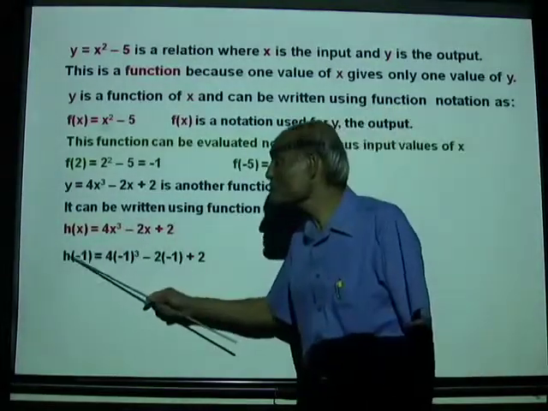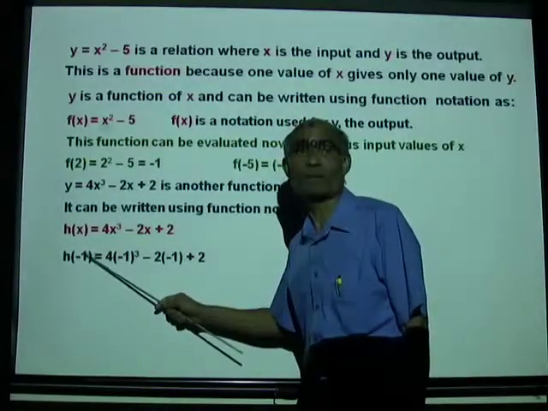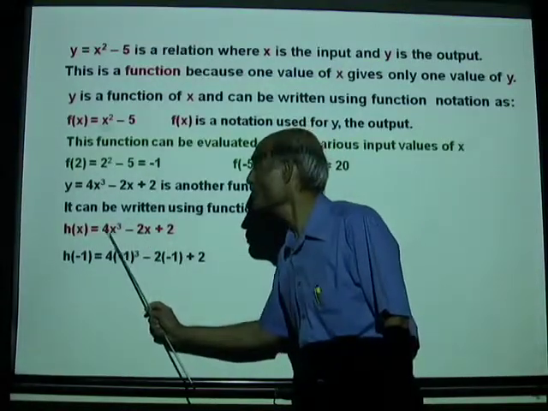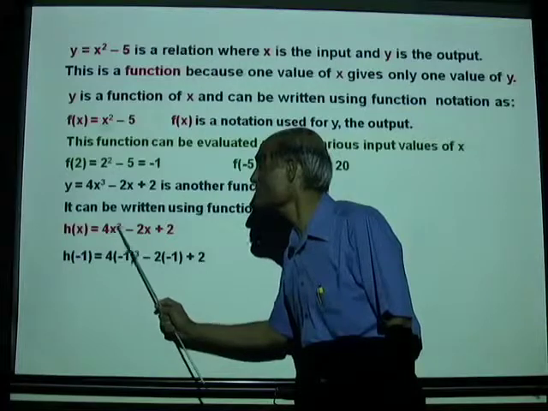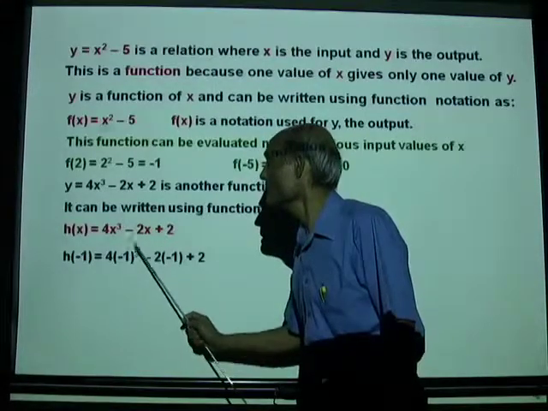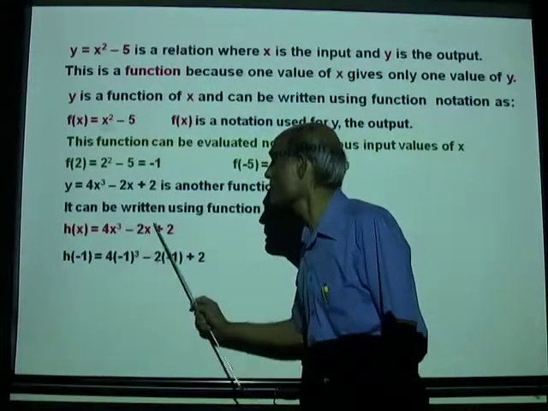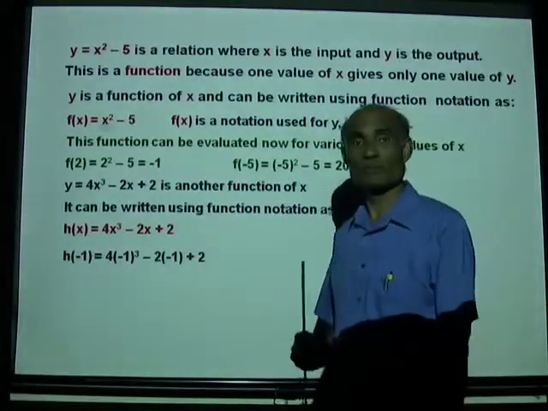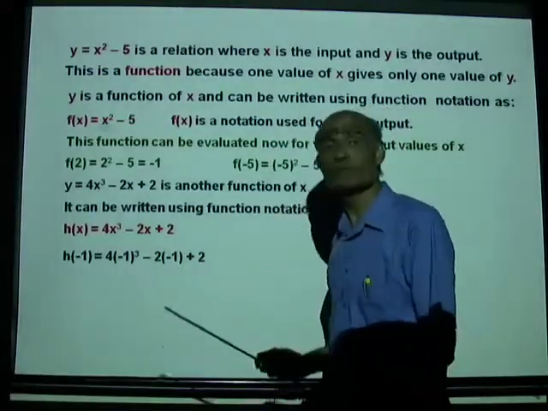Now, what is h of negative 1? Replace your x by negative 1. It'll be 4 times negative 1 to the power of 3 minus 2 times negative 1 plus 2. Do that on your own.